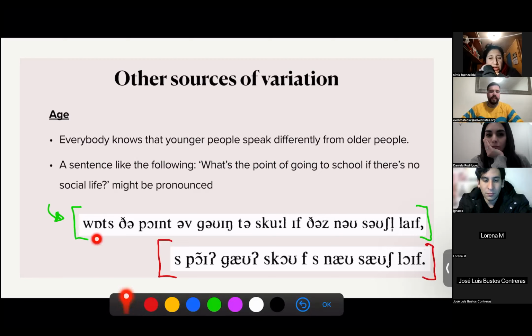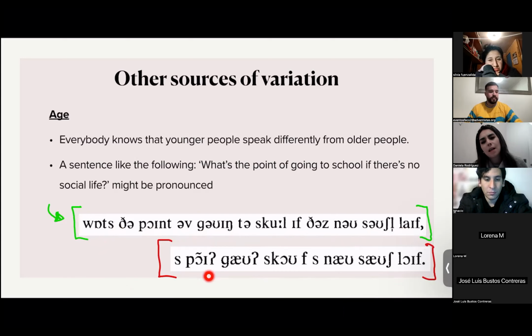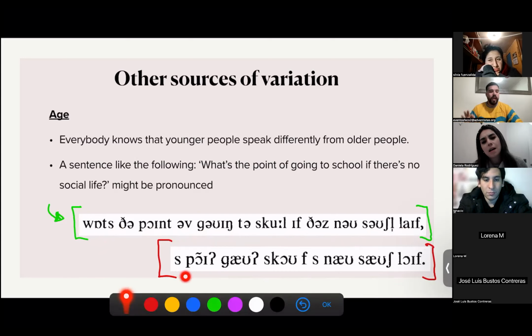So let's say I'm an older person, I would say, what's the point of going to school if there's no social life? However, in this one, it's very different. When we have this sound, it's glottal.